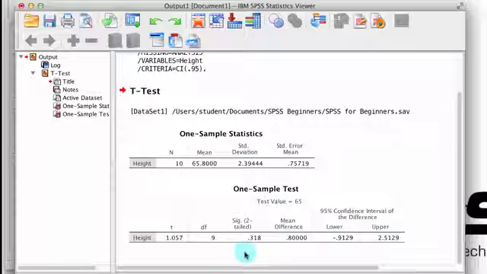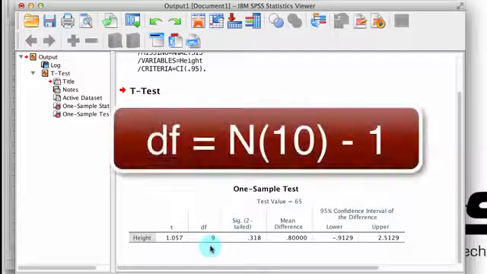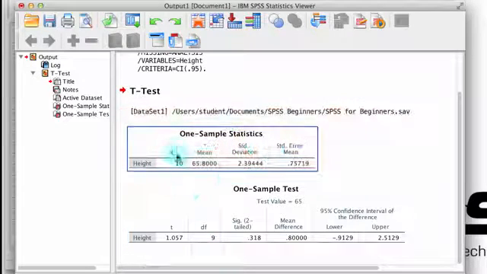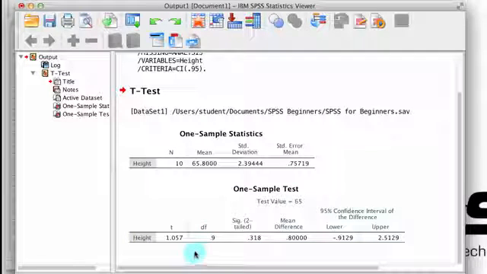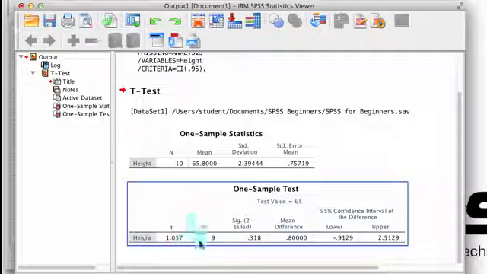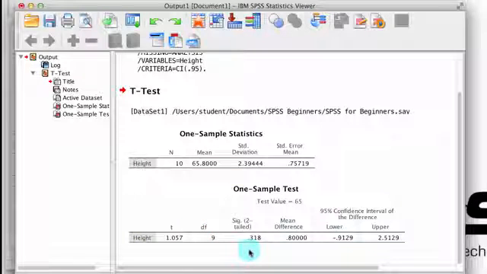We have the t-score right here. The degrees of freedom, which is n minus 1, the number of scores minus 1, and finally the p-value that corresponds to this t-score at this degrees of freedom, in the box, Sig. (2-tailed).